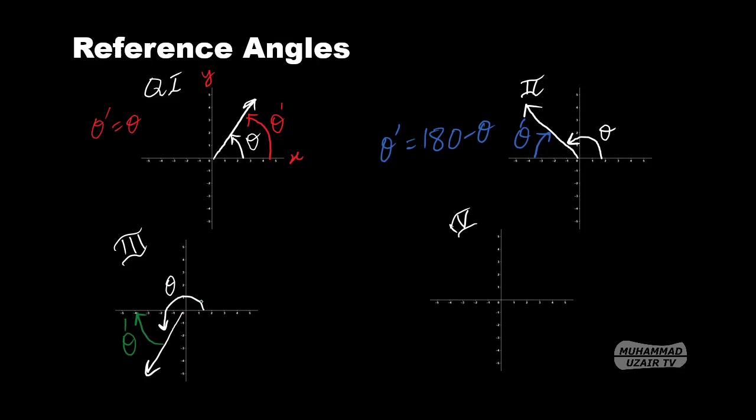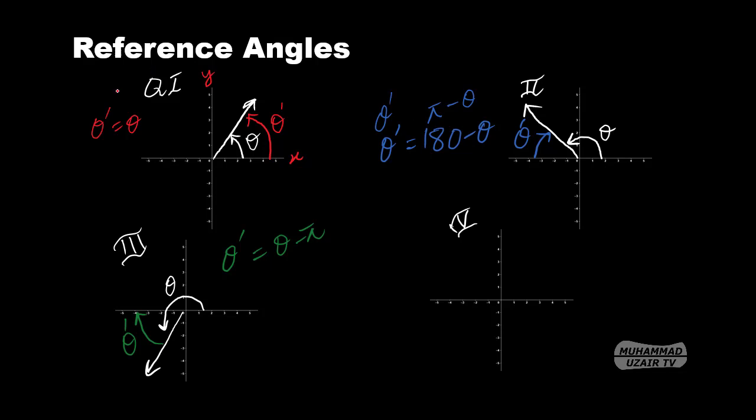The reference angle will be equal to theta minus pi. This is also pi minus theta. 180 is pi.